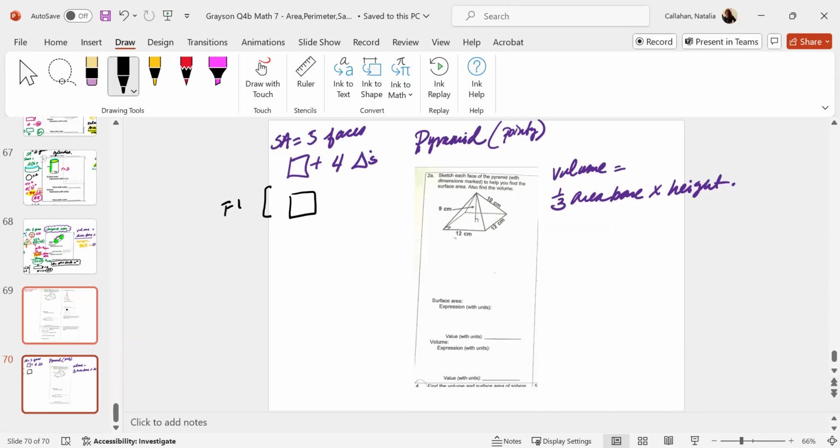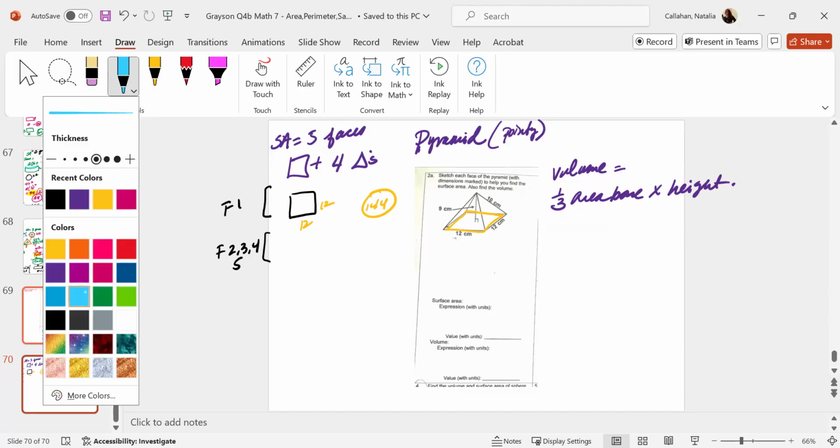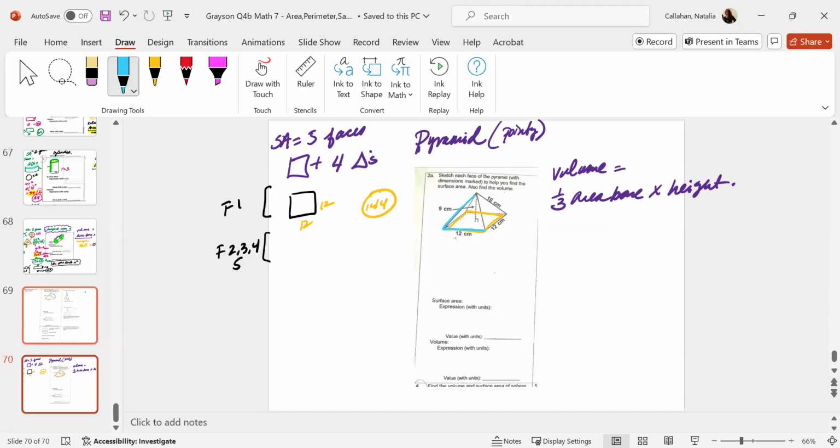What are the two dimensions? Which gives you? Good. Going on to face 2, 3, 4, 5, which is what shape? Is this triangle, correct?